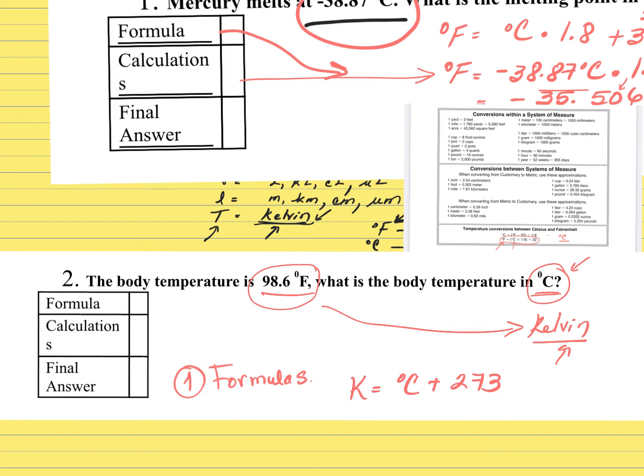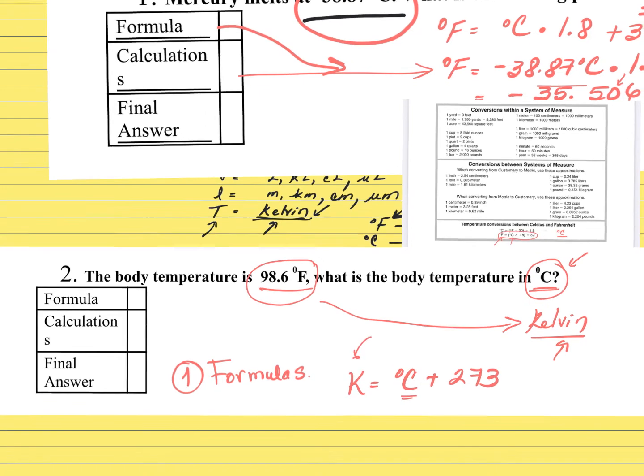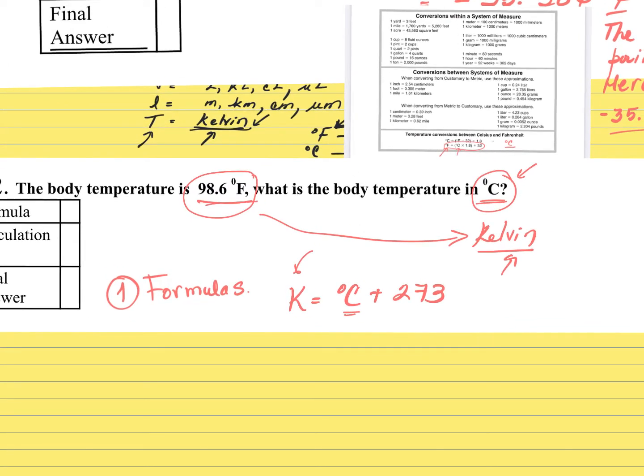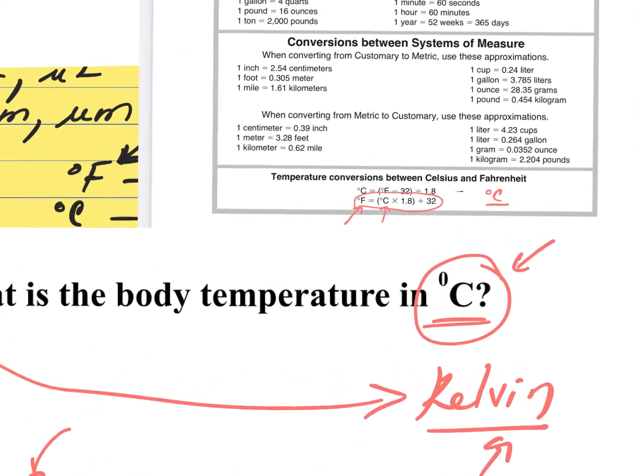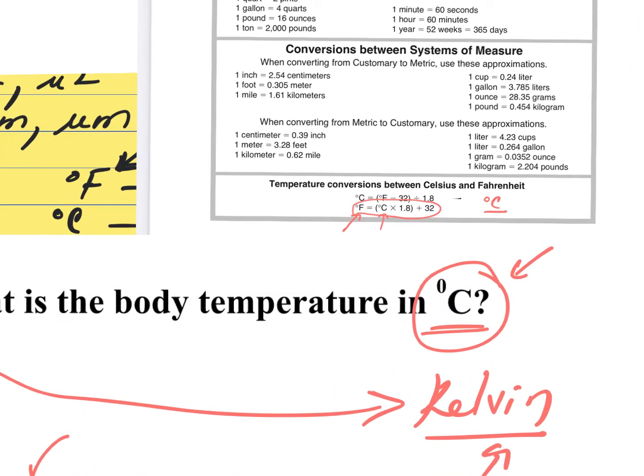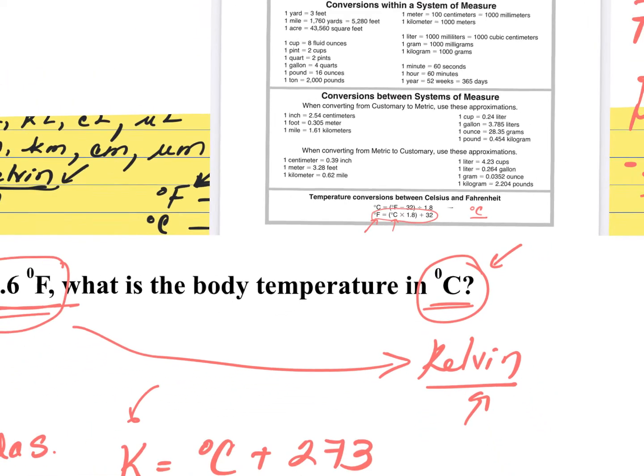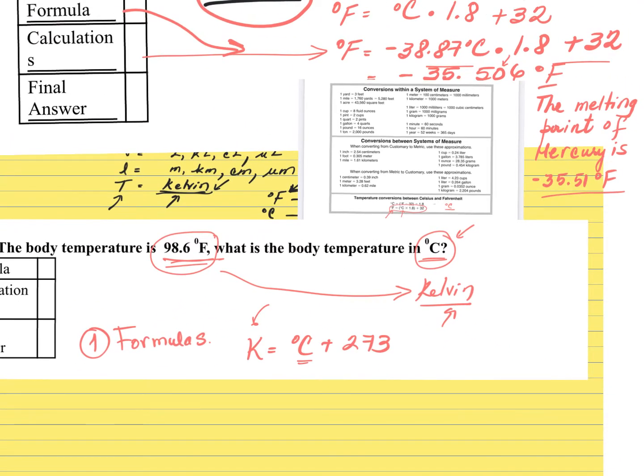But in order to convert into Kelvin, you need the temperature in degrees Celsius. So how are you going from Fahrenheit all the way through Celsius? One more time, reference sheet. Ms. Ramos, are you going to give us the reference sheet? Yes, I'm going to give you the reference sheet the day of the test, because otherwise it's going to be impossible for you to solve this type of problem.